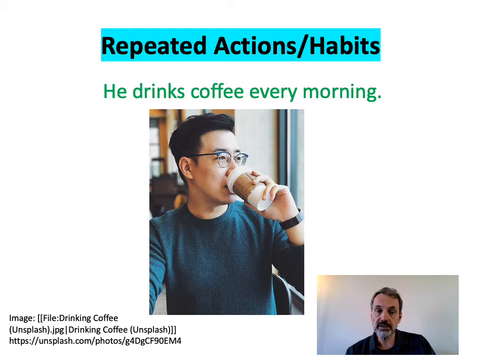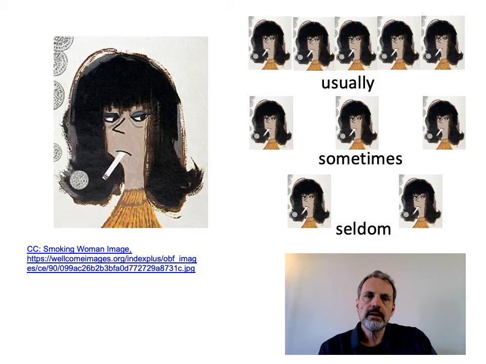We could also use it to describe things that are possible actions or typical actions. For example, birds fly. This describes what birds do. For repeated actions, things that happen again and again, we sometimes talk about how often it happens.